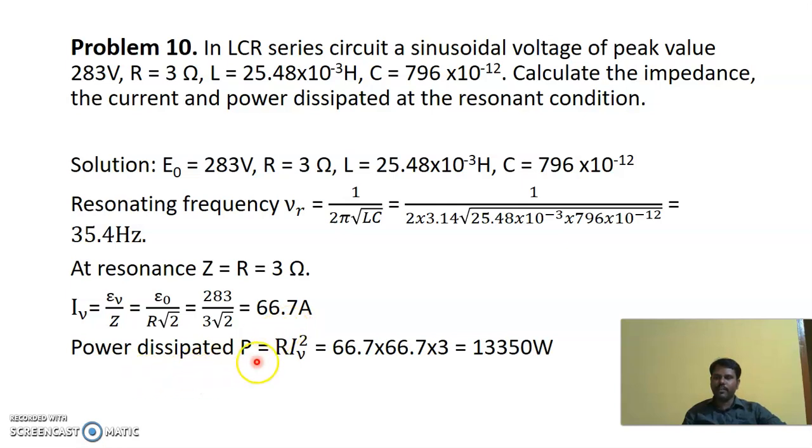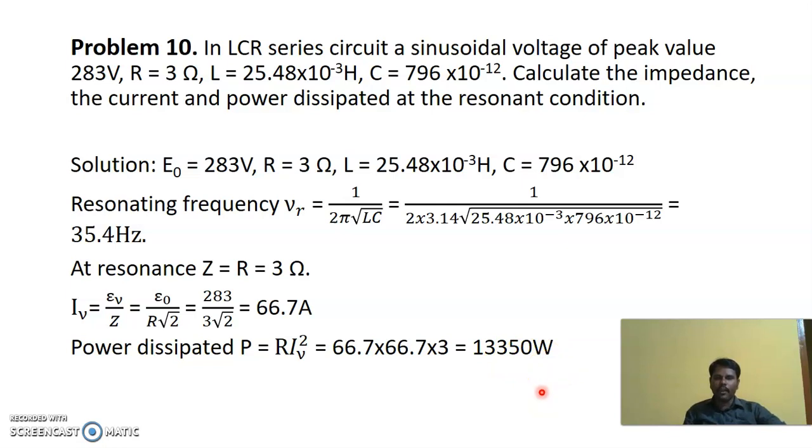The power dissipated P is equal to I nu square R, which is 66.7 into 66.7 into 3, that turns out to be 13,350 watts.